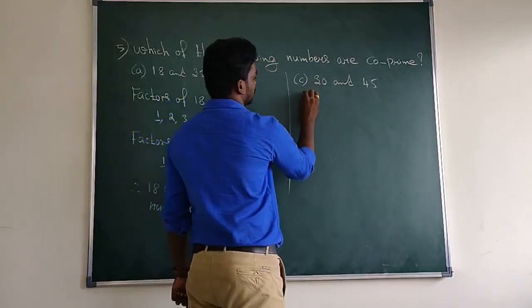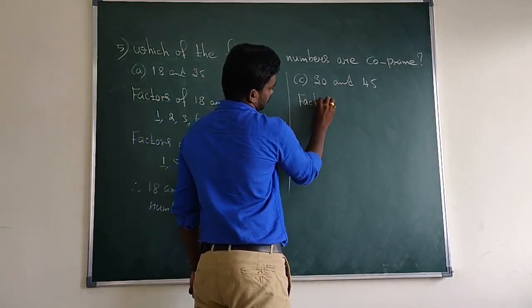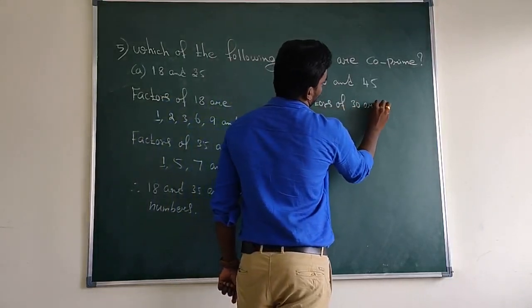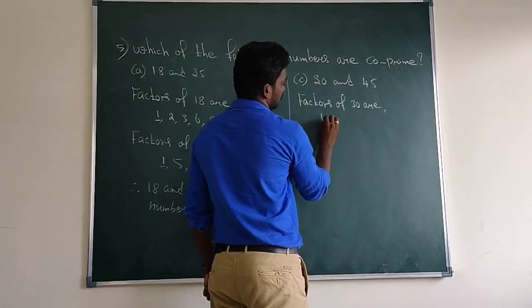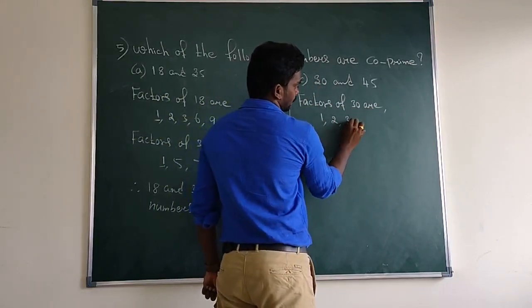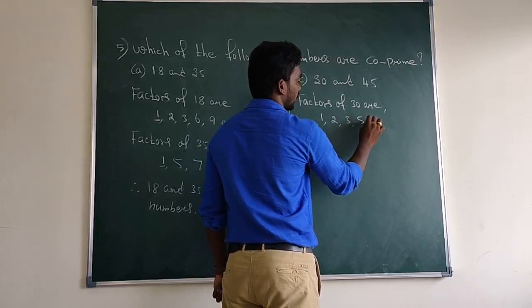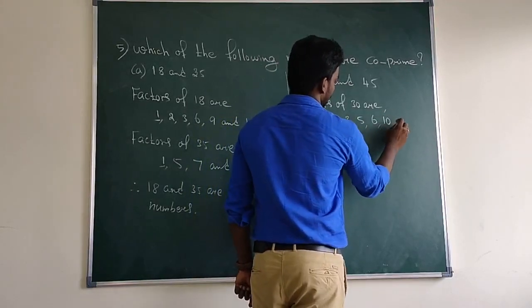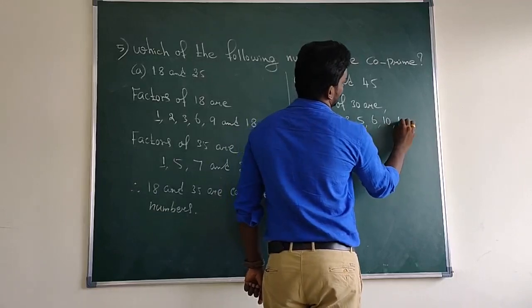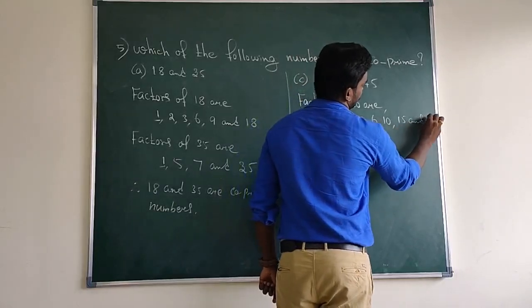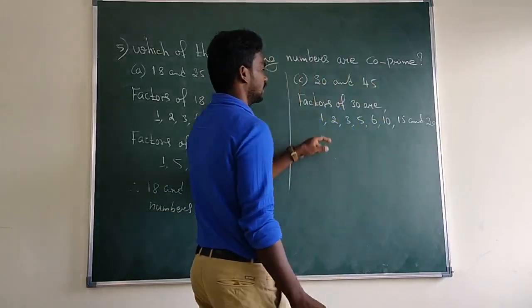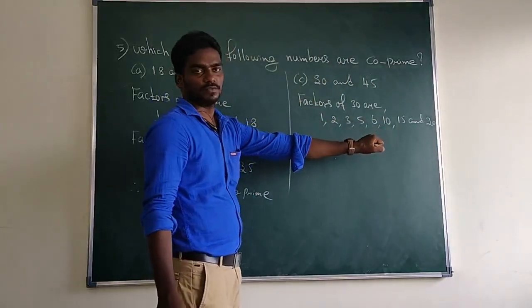What are the factors of 30? Factors of 30 are 1, 2, 3, 5, 6, 10, 15 and 30.